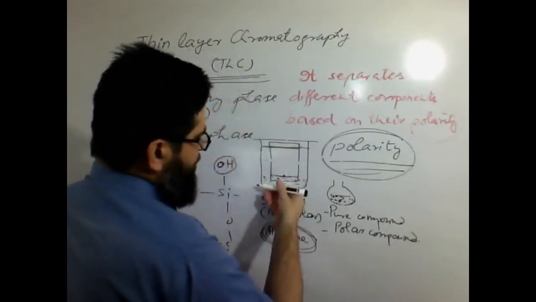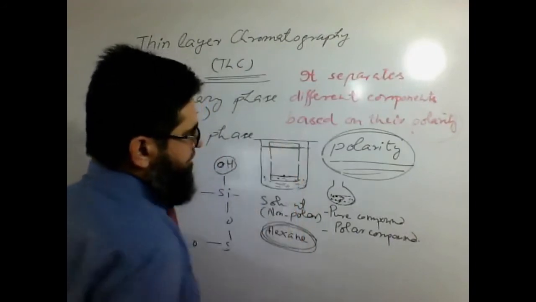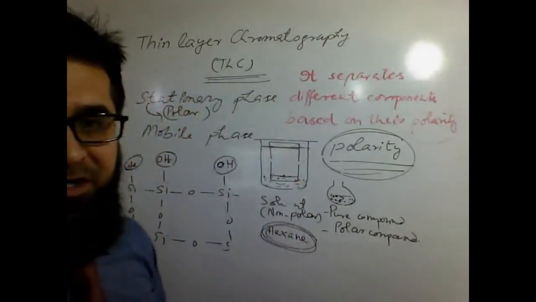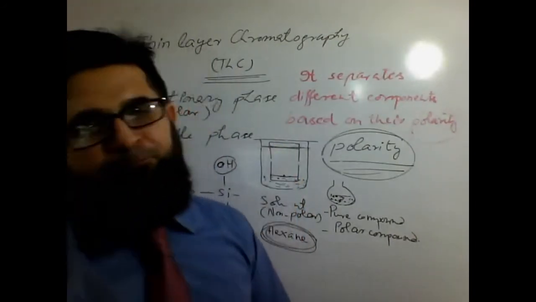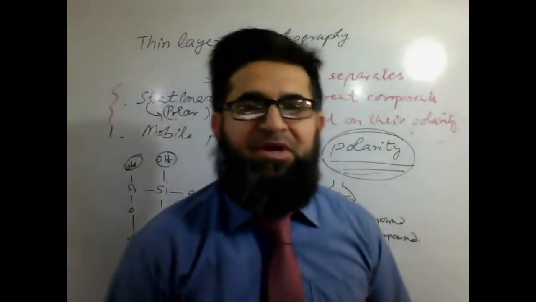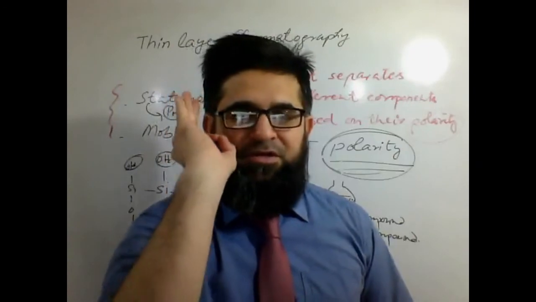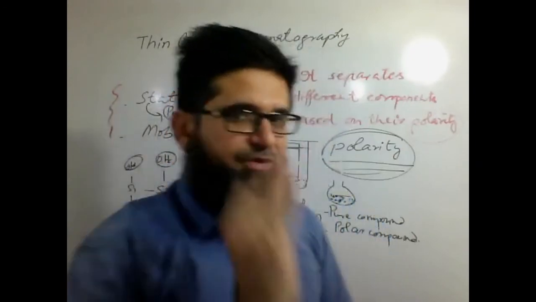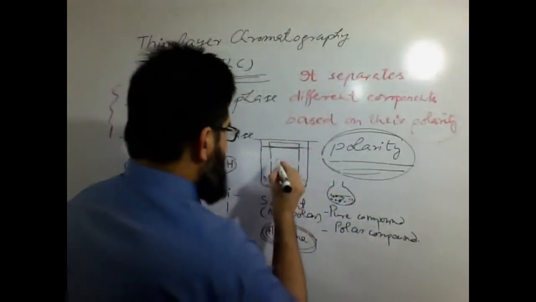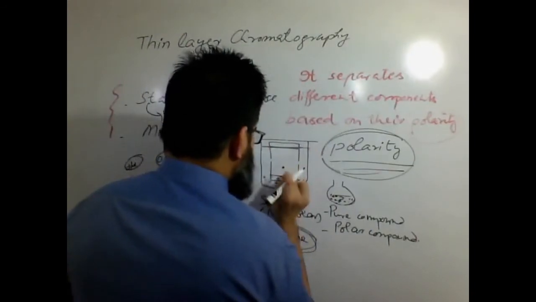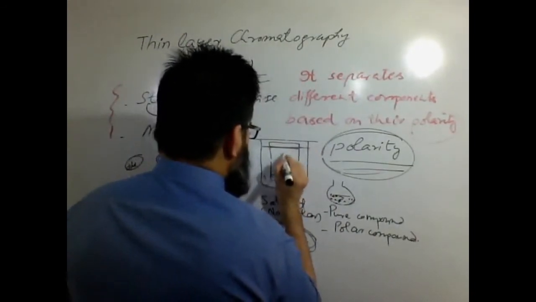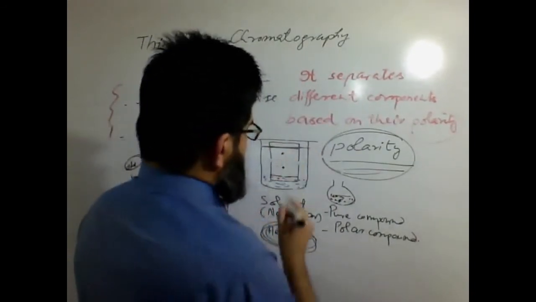When the solvent reaches the upper line, we take the TLC out, let it dry, and if we use a visualizing agent to see the separation of the components, the separation of the spots. Let's say after the running we have this sort of spots.